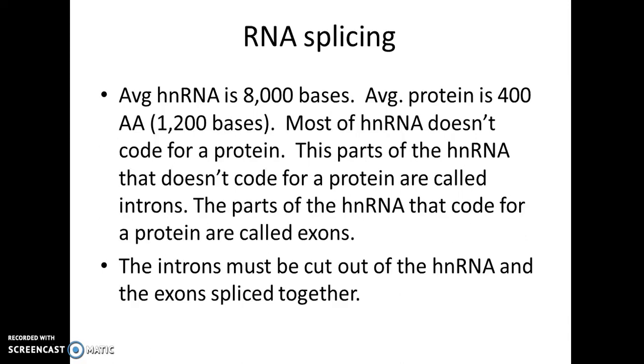The parts of the hnRNA that do not code for any proteins are called introns. We also have parts of the hnRNA that code for amino acids, and those are called exons. So the cell needs to cut out the introns and splice together the exons.